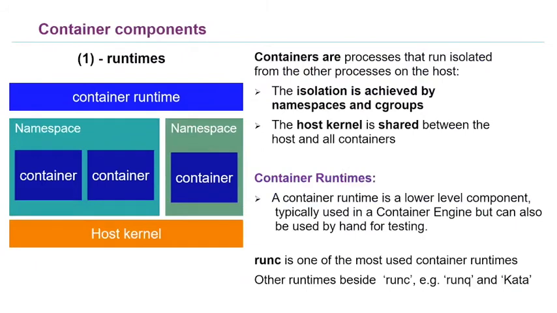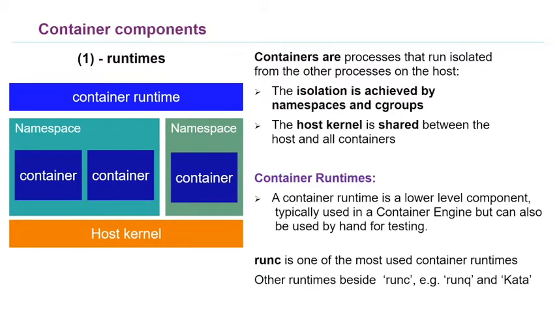Now, when we're looking at the components, we have a container runtime, as I mentioned. The container runtime is a component that can manage the container from a runtime perspective.